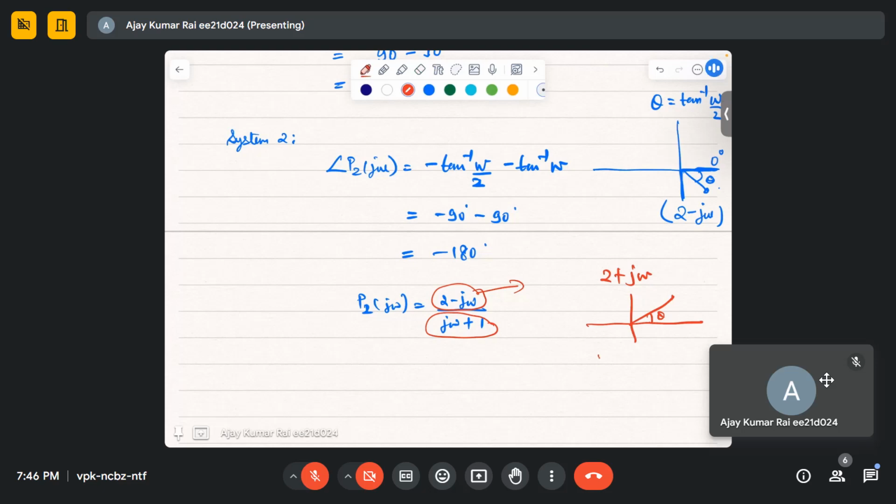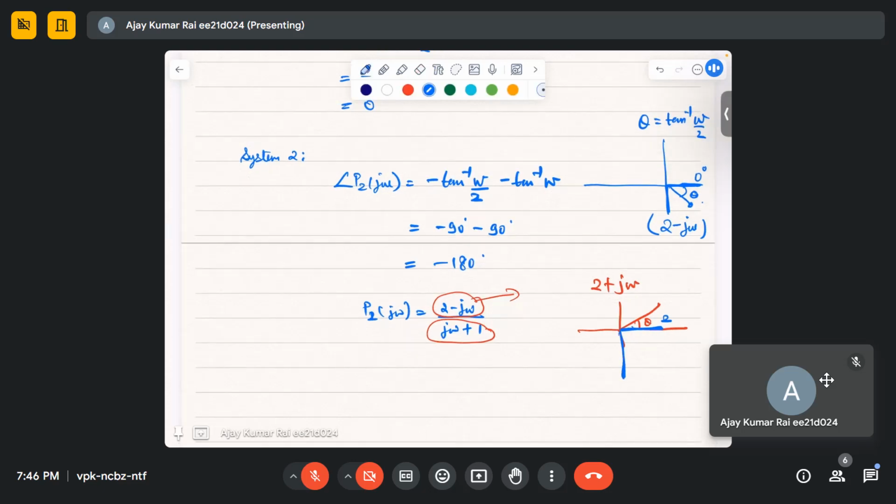But what we have is 2 minus j omega. So in this case, this is the 2, and omega is somewhere here, a negative value, right? If you find the angle, you'll get somewhere here. So this is the angle I am finding out. What is this angle? If you find tan of theta, it will be imaginary part by real part.